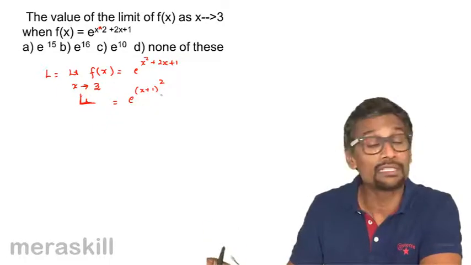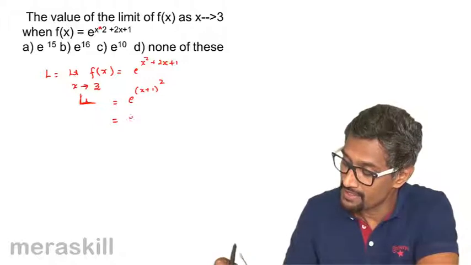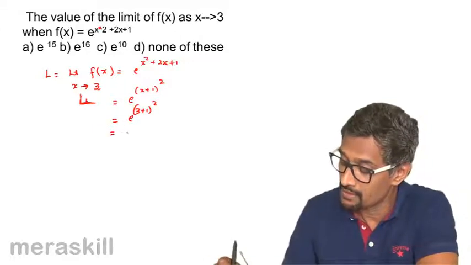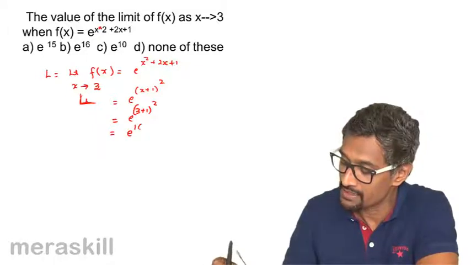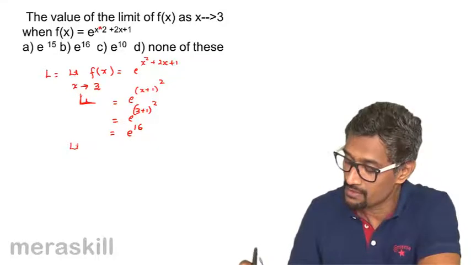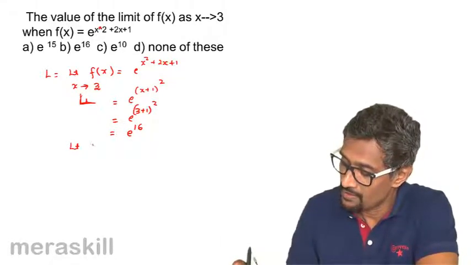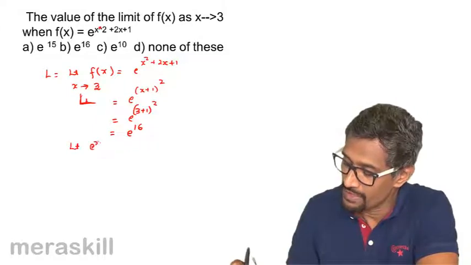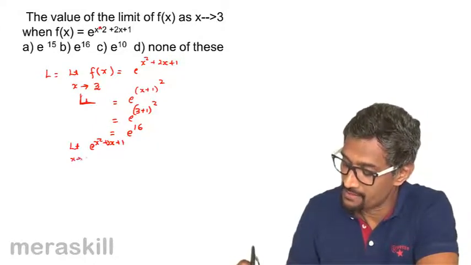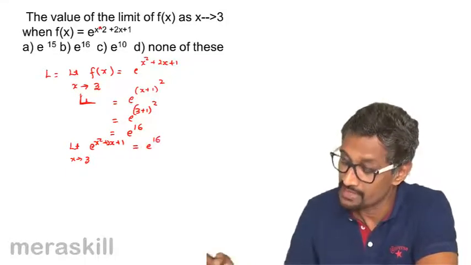Now if this is a determinate function, in that case this is going to be e raised to 3 plus 1 the whole square, which is nothing but e raised to 4 squared, that is 16. So the limit of this particular function, e raised to x squared plus 2x plus 1 as x approaches 3, is nothing but e raised to 16.